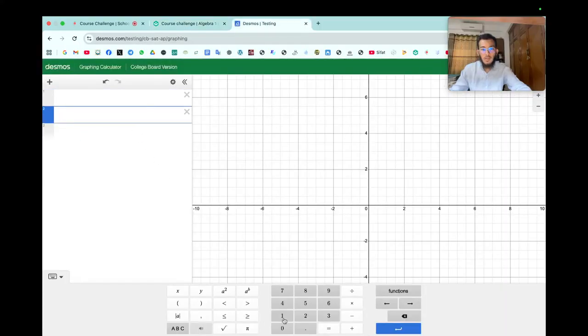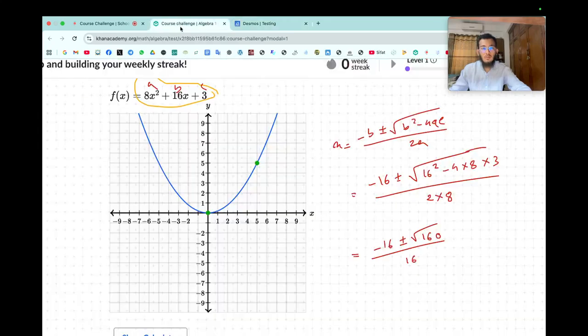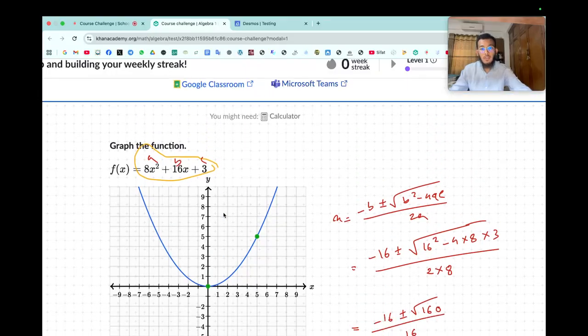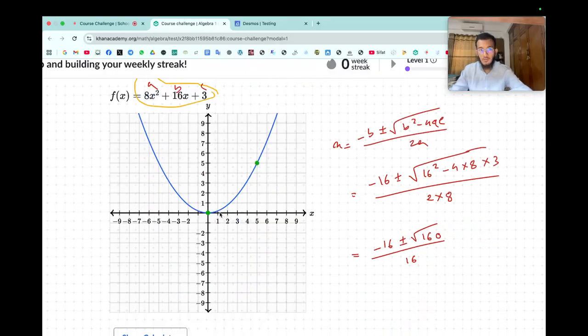So negative 16 plus root 160, and then upon 16. Okay, this is the root, and that does not help us. So instead we'll have to perform completing the square in order to find the vertex.